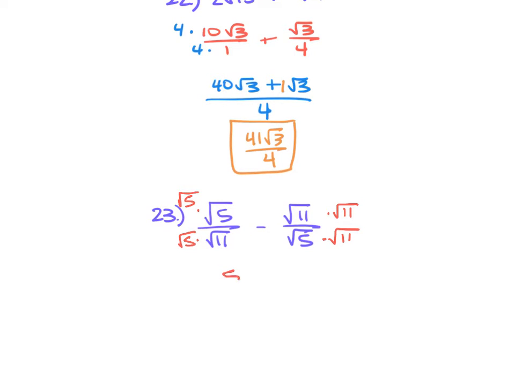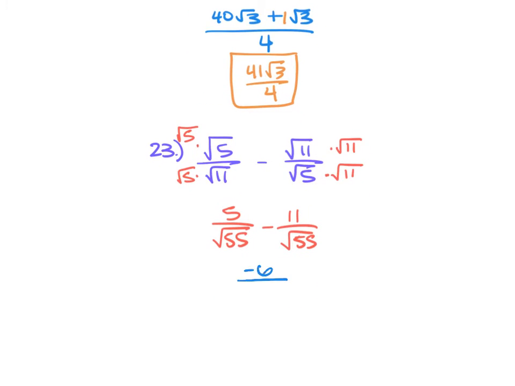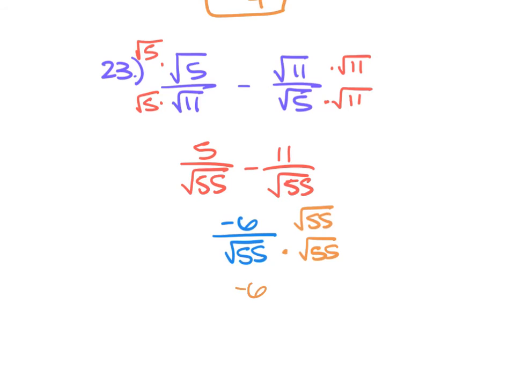So this is going to be 5 over the square root of 55 minus 11 over the square root of 55. The 5 minus 11 is going to give us negative 6 over the square root of 55. Now we multiply top and bottom here by the square root of 55 to get rid of the radical in the denominator. So this is going to be negative 6 square root 55 over 55.